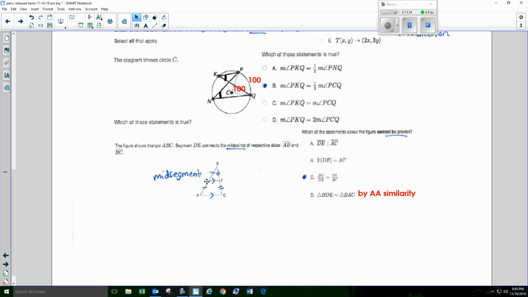Notice this DA is not the entire length of the big one. The entire length of the big one on this side is BA. So if that said BA for the entire length, then this would be true. But it only does a fraction of the entire big triangle, so this is false. You've got to be paying attention that it matches up the corresponding sides or segments correctly.